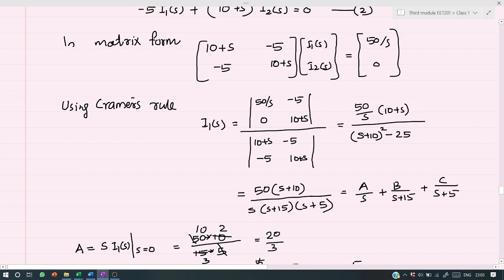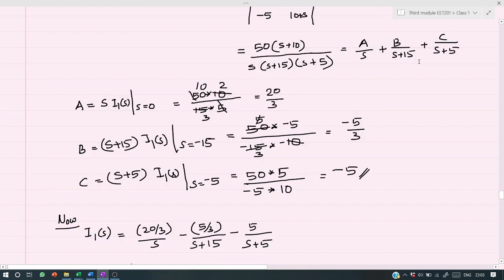That is, I1 of S, which is equal to 50 into S plus 10 upon S into S plus 15 into S plus 5, is equal to A divided by S plus B upon S plus 15 plus C upon S plus 5. Here, A can be obtained by multiplying this equation with S and putting S equal to 0 in that expression.